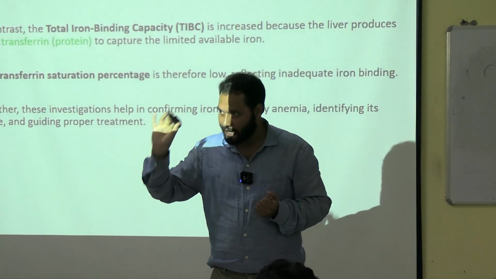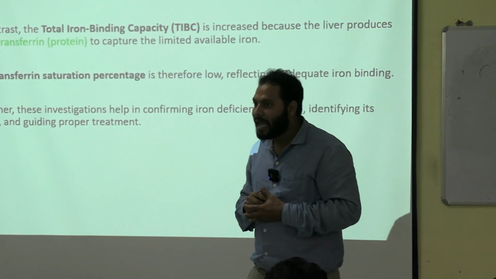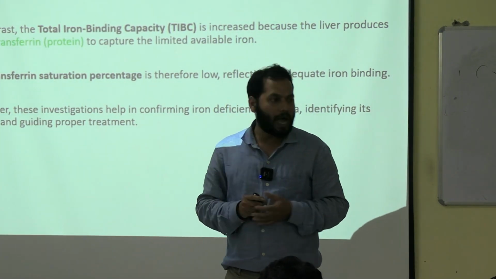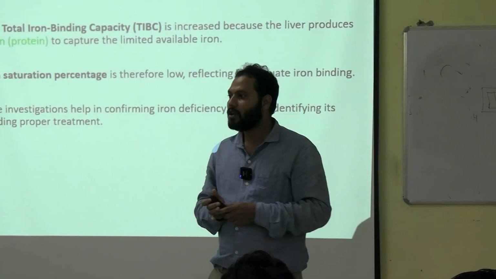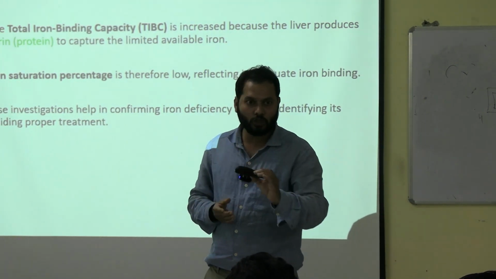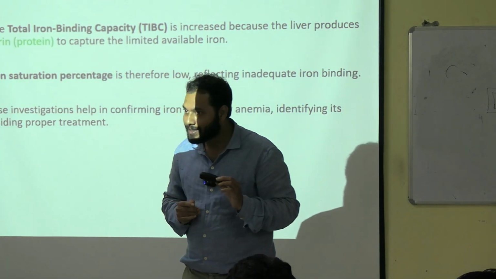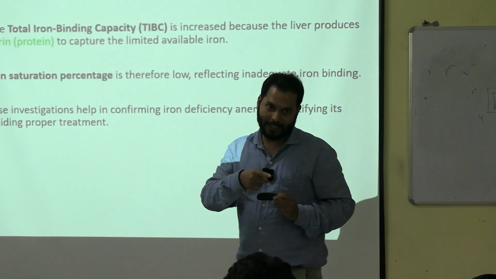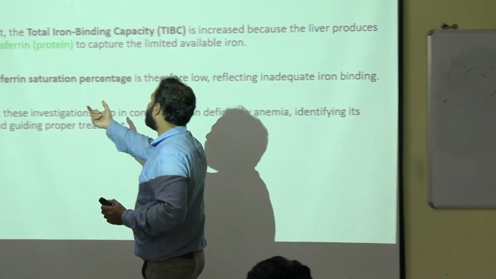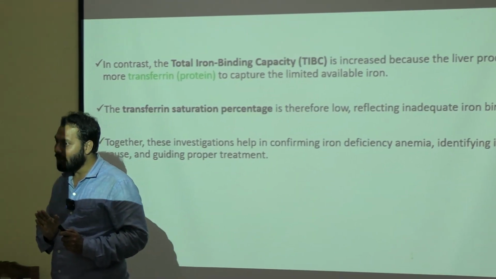Percentage saturation is 100%, but here hemoglobin is less in the person. So iron levels also will be less. So will the transferrin percentage saturation be 100% or less than that? Less than that. It means if the person is anemic, the transferrin percentage saturation also will be less.